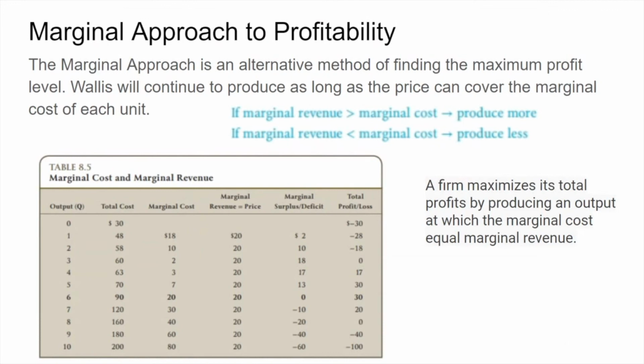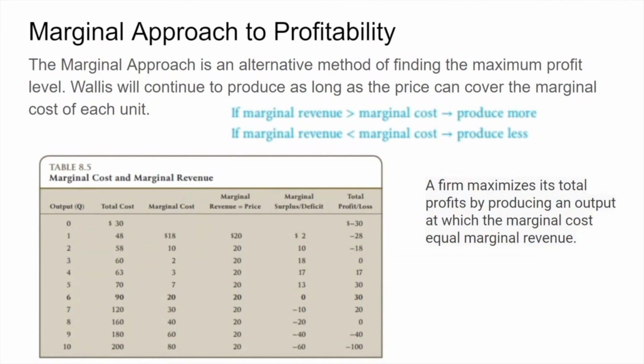What marginal does is it says, look, keep making extra units of production, provided more money comes in on going to that next level than goes out. In other words, as long as our marginal revenue is greater than our marginal cost, the extra bit of money we get coming in is greater than the extra bit of money that we got going out because of the cost of it.